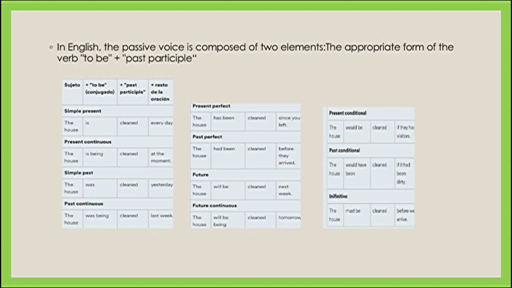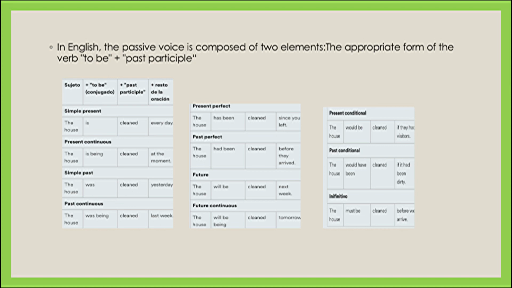Past continuous: the house was being cleaned last week. Present perfect: the house has been cleaned since you left. Past perfect: the house had been cleaned before they arrived.